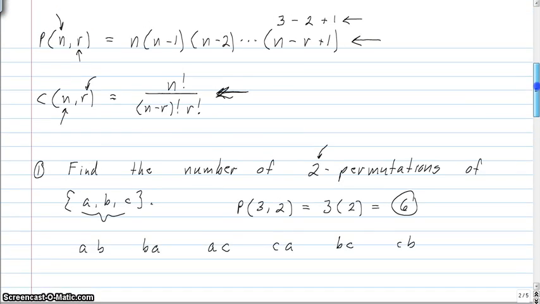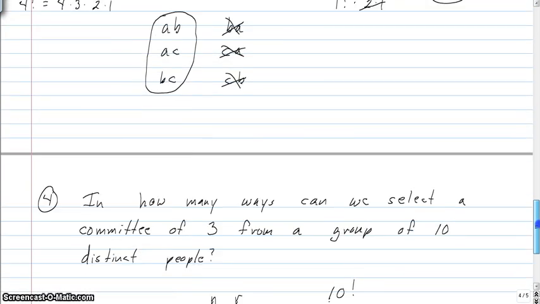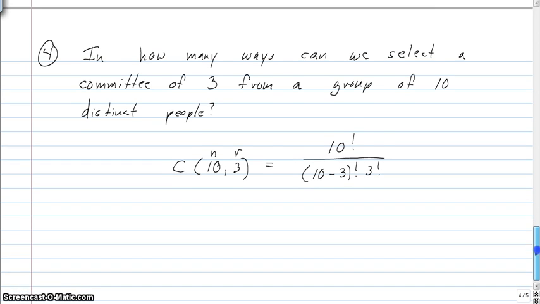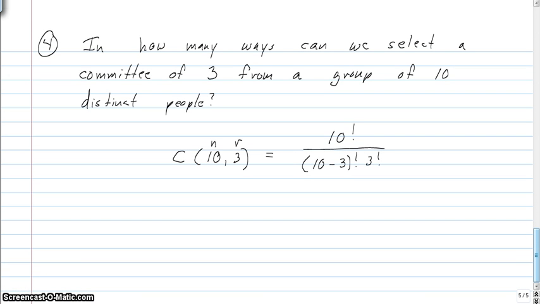Let's make sure I plug those in right. And that looks okay. Sorry, I was just double checking to make sure I had that plugged in correctly.